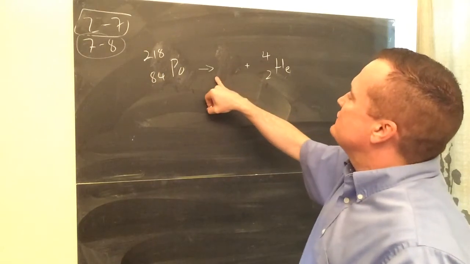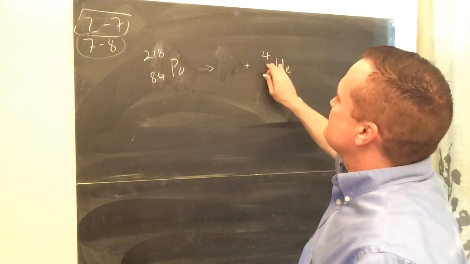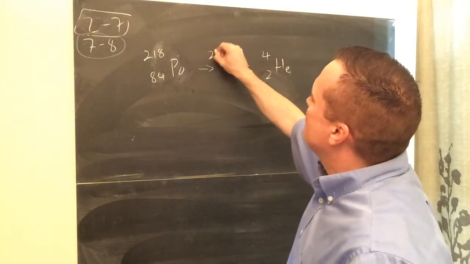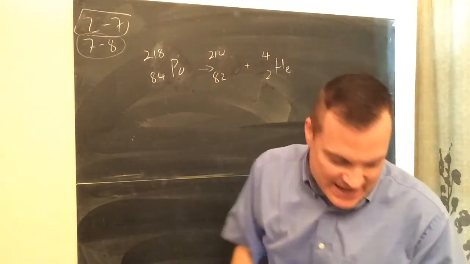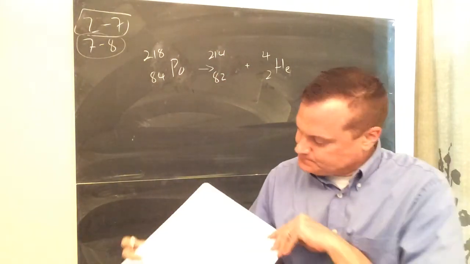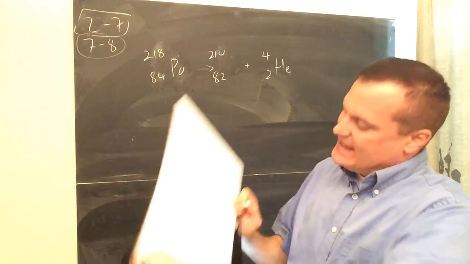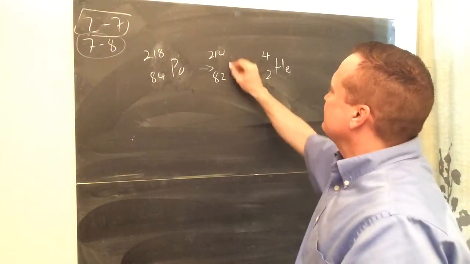If it undergoes alpha decay, you take out the alpha particle, which is 4 over 2. You've seen that earlier in the year. What's left is 214 over 82. Those add up. And what is 82? It is lead, Pb.